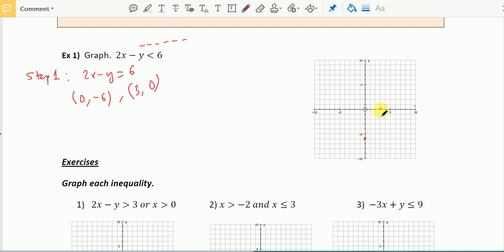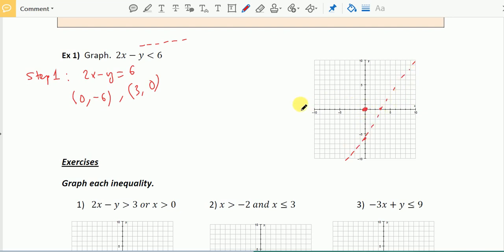And make sure, because this does not include the equal sign, you have to use the dash, not solid. Okay. Now there are 2 regions, this half plane or the other half plane. So let's pick a test point. Maybe I pick this one because it is not on the boundary. This point is (0, 0), right?